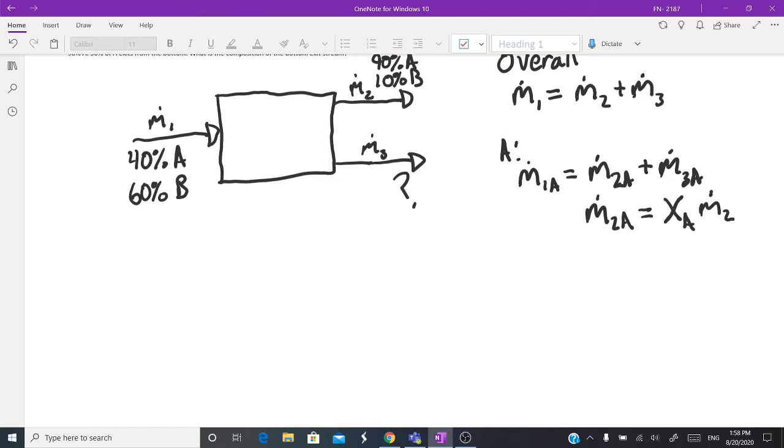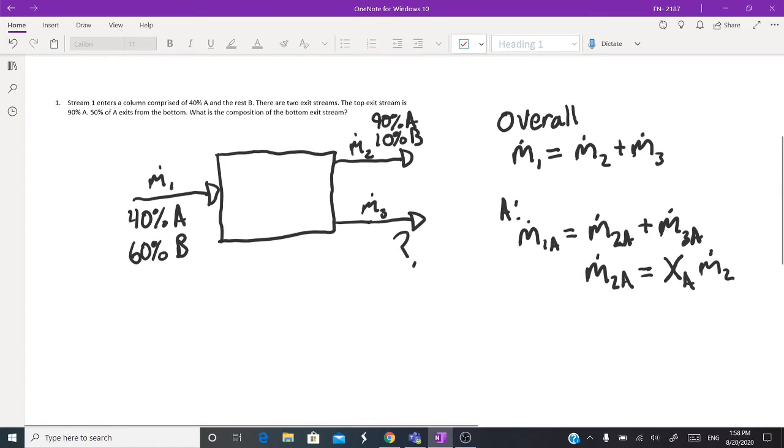With this, we know that a specification of the system says that 50% of A exits from the bottom.